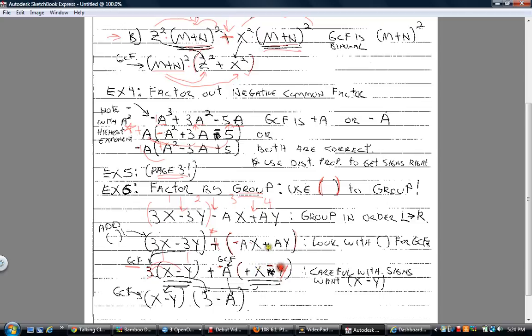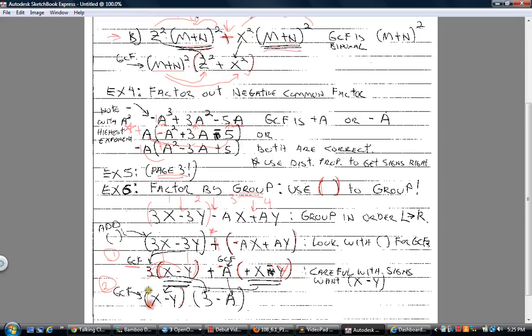Now the reason for example 4 up here, where they showed you the positive or negative, is you're doing a little bit of rigging, and the goal here is to get your sets of parentheses to be exactly the same. Do you see the x minus y and the x minus y? So this is a double process of pulling out a GCF the first time and then doing it the second time. And when you do it the second time, you're looking to pull out the parentheses x minus y.